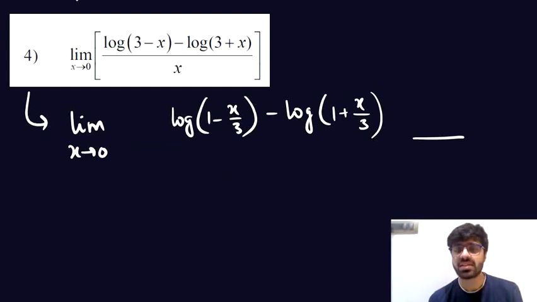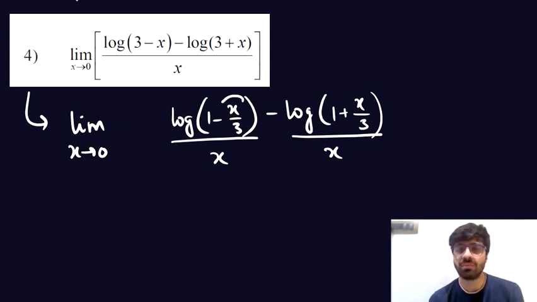So we have an x as the denominator of both the terms. Now if you compare it with log of 1 plus x upon x, then in the denominator here you need minus x upon 3. So I am writing a minus 1 upon 3 here. To balance it, I have to write a minus 3 here.